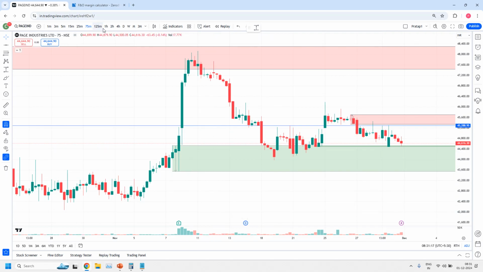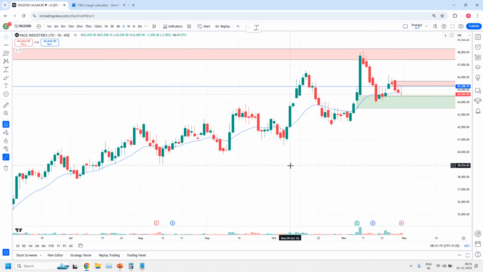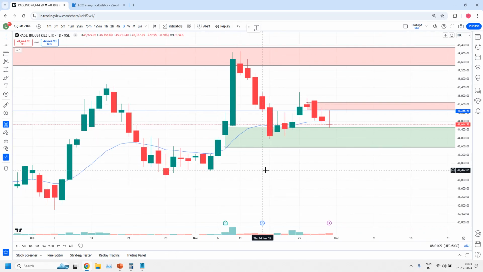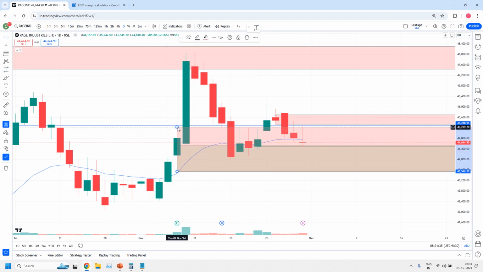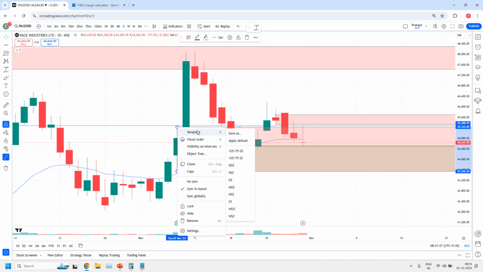So from 75 minutes I am going to the daily time frame. Is there any daily zone available here? Yes. We have a rally, base, rally, a medium size candle rally, base, rally. So this is a daily zone.